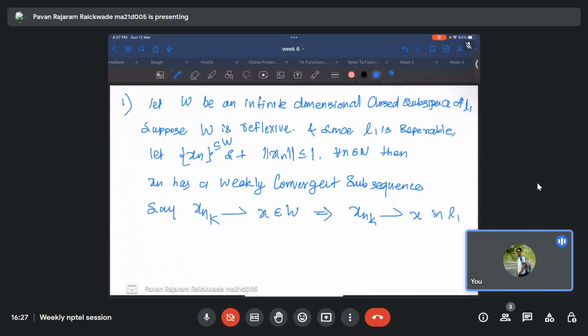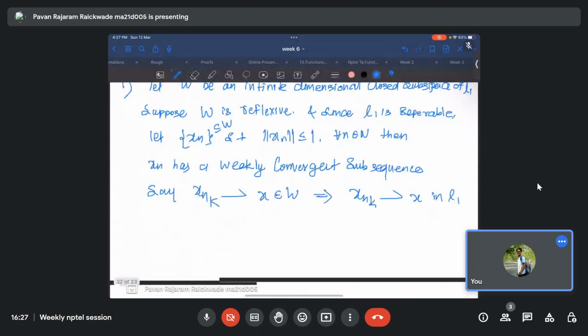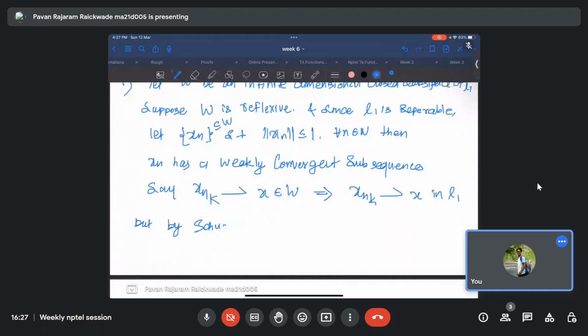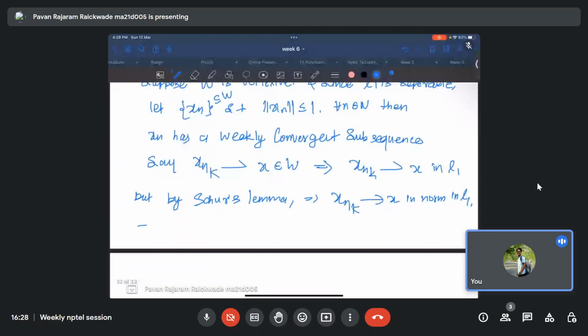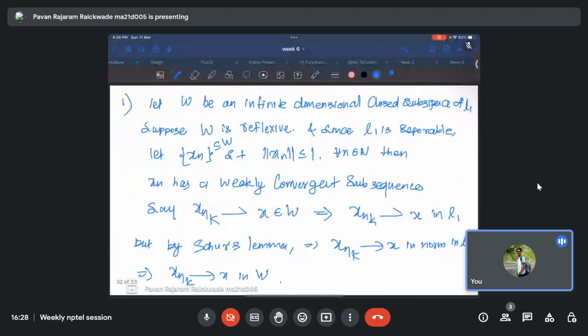But by Schur's lemma, weak convergence is the same as norm convergence in L1. That means Xnk converges to X in norm in L1, and so also in W, because W is just a subspace of L1. So we started with a sequence in the unit ball of W, and got a subsequence which converges to X.